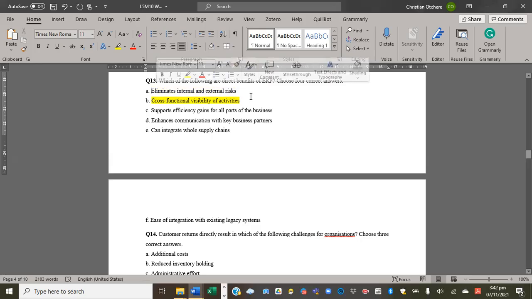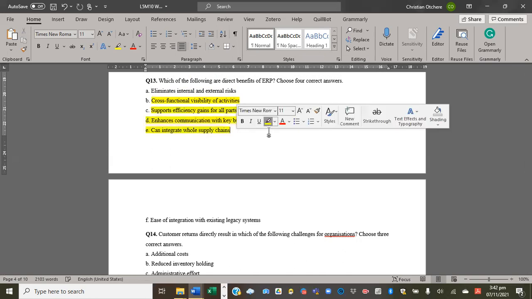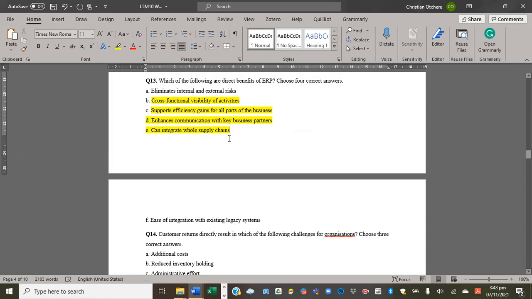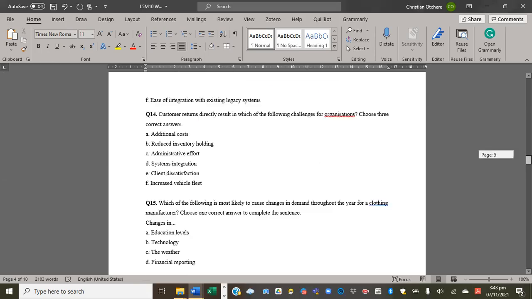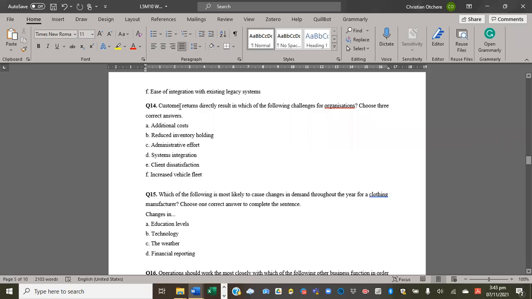It doesn't eliminate all these risks. No. So we can take that out and F. So the ones in the middle will be okay. Yes. It enhances communication with key business partners, can integrate the whole supply chain, yes, support efficiency gains for all parts of the business.